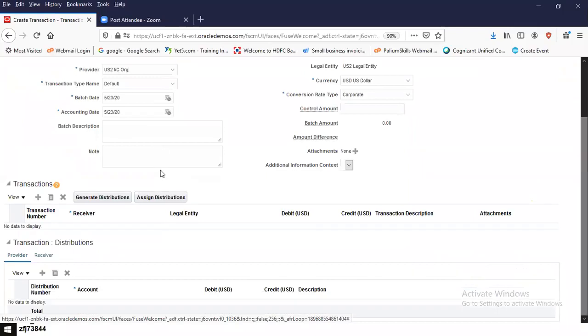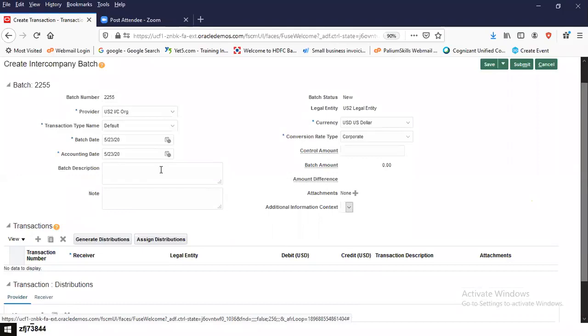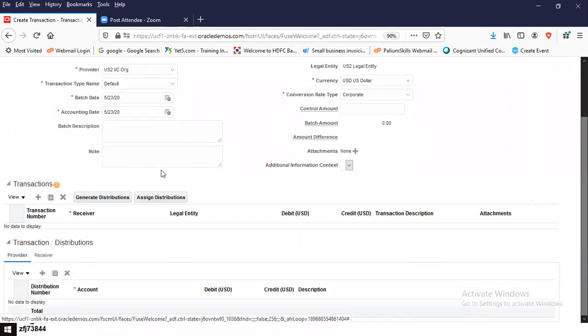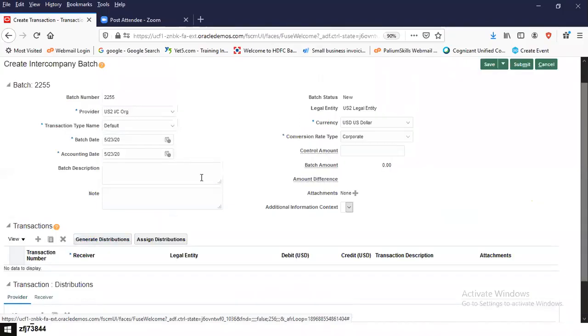And so we have the batch control, batch name. All of these are now defaulting.